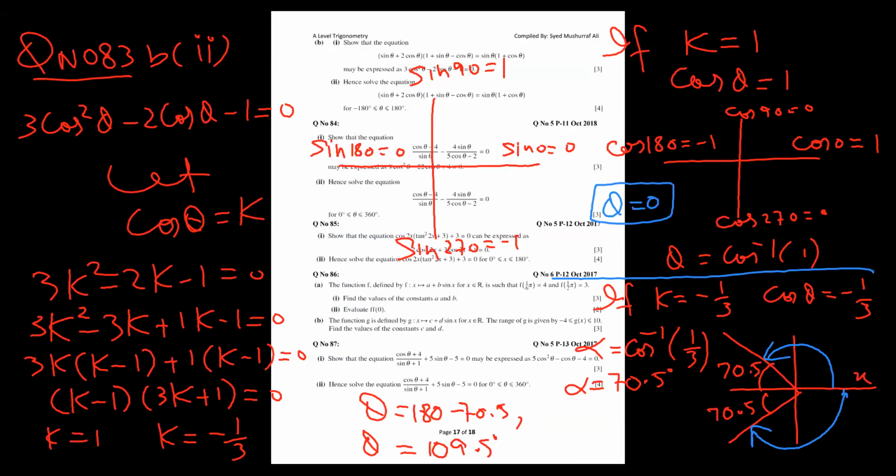Get ready. And how to write, that is interesting. How to find this angle? So 180, you know, the full angle from here to here is 180. All of you know it. Repeat, from here to here is 180. But this angle I don't want. I can write here 180 minus 70.5.